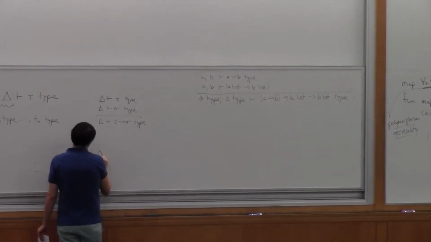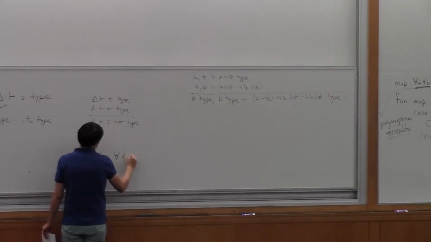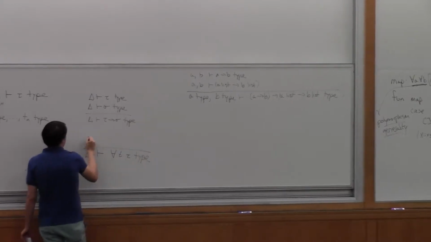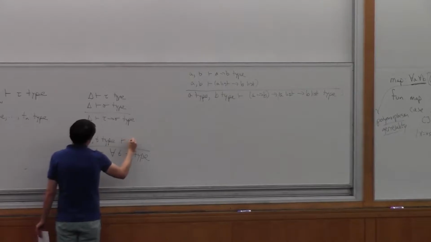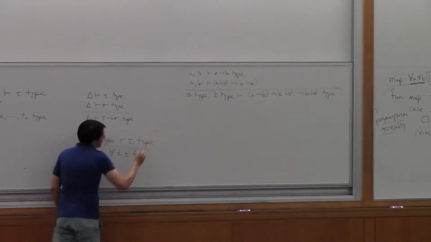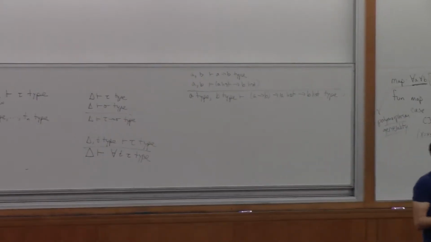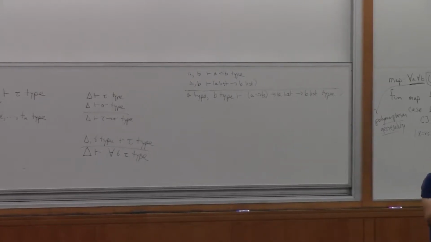And then the interesting new one will be to show that for all t dot tau is a type in delta, we assume that t is a type and show that tau is a type. Right? So to show that a for all quantifier is well formed, you add an extra variable and then check that the type inside of it is well formed.